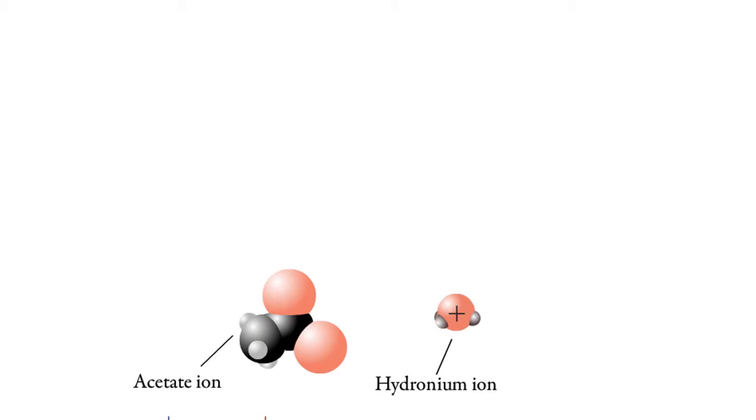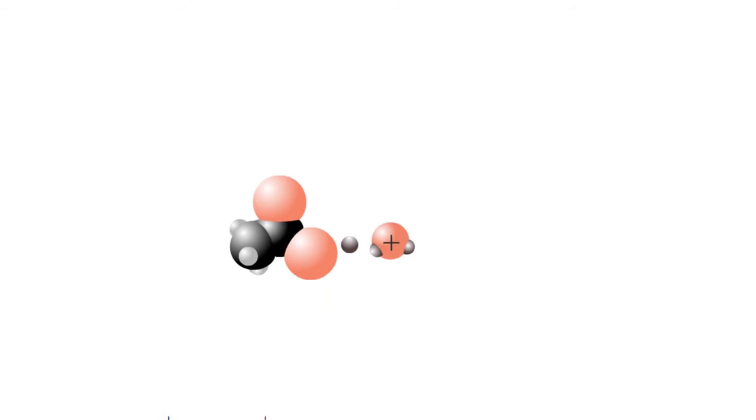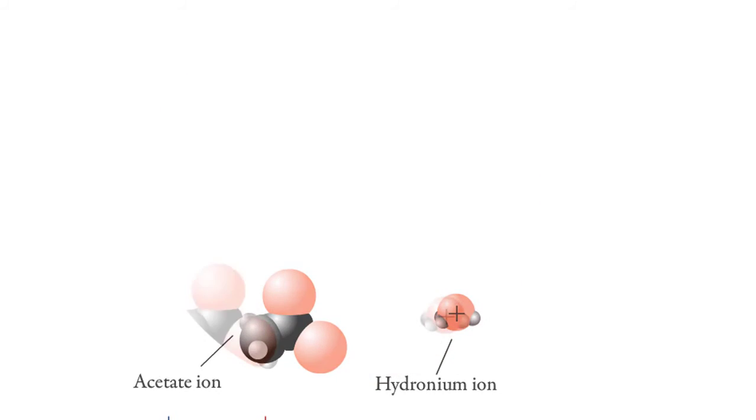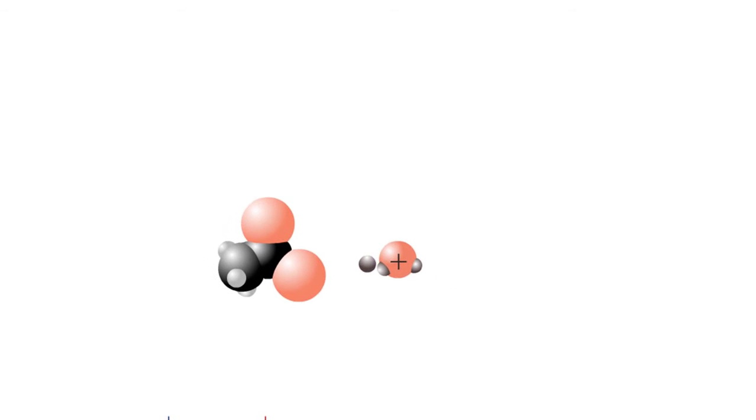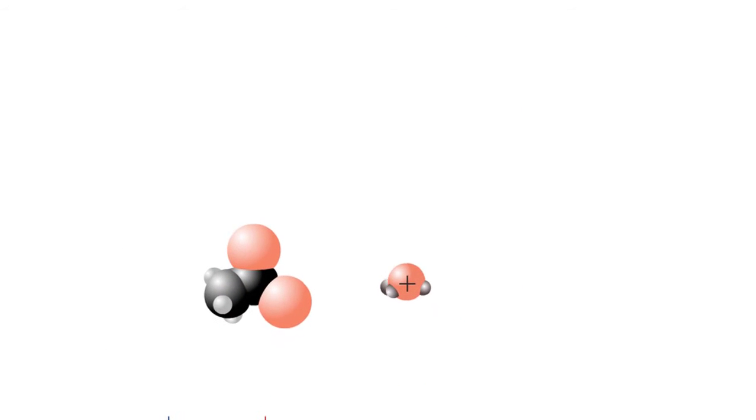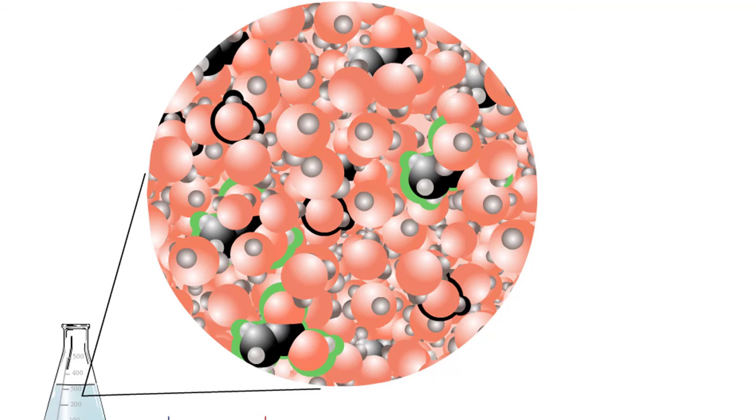Unlike the HCl-H2O reaction, the HC2H3O2-H2O reaction is reversible. When an acetate ion, C2H3O2-, collides with a hydronium ion, H3O+, an H+ can be passed from the H3O+ to the C2H3O2- to form HC2H3O2 and H2O. Now let's take a look at this reversible reaction in solution.